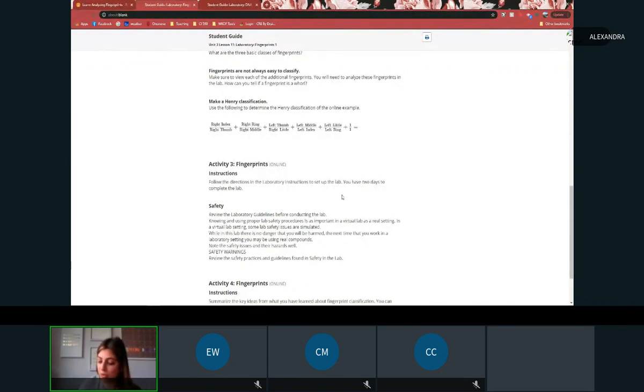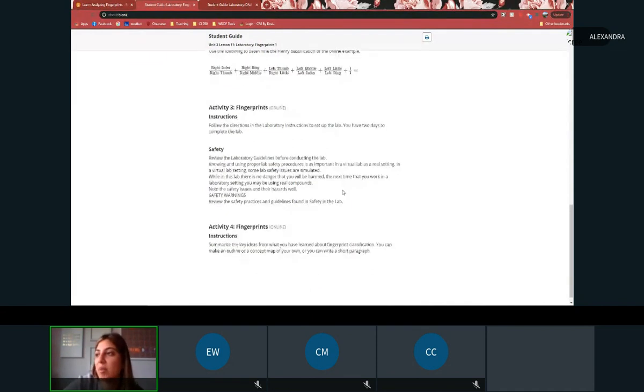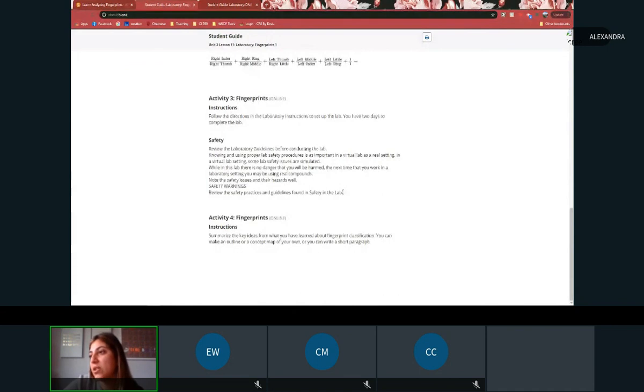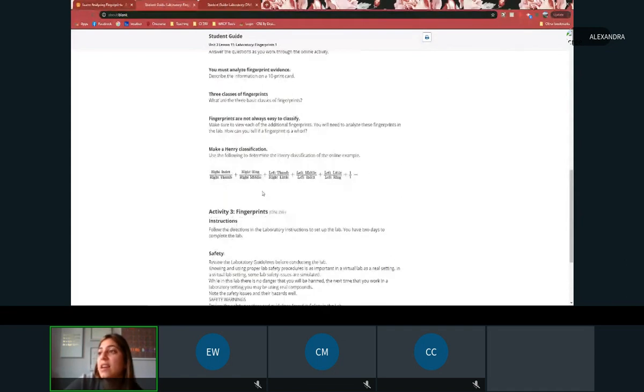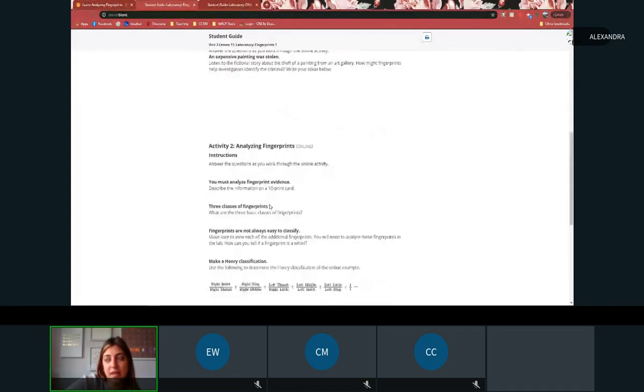Because remember, you still have to go through the lesson for fingerprints. So then you'll have a better understanding of how the Henry classification came about. It'll give you more specific examples about how you can summarize and identify the different patterns. And then you're going to make a concept map. You're going to review and compare. And that's what you're going to do for the fingerprint lab.